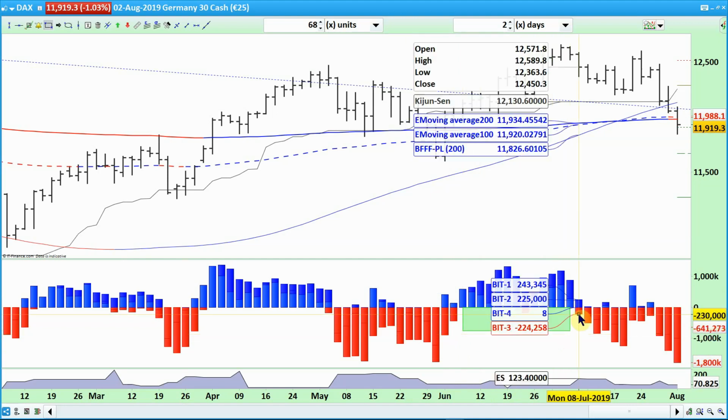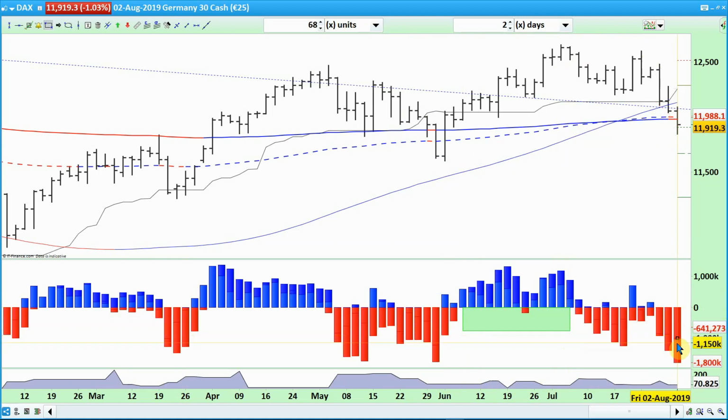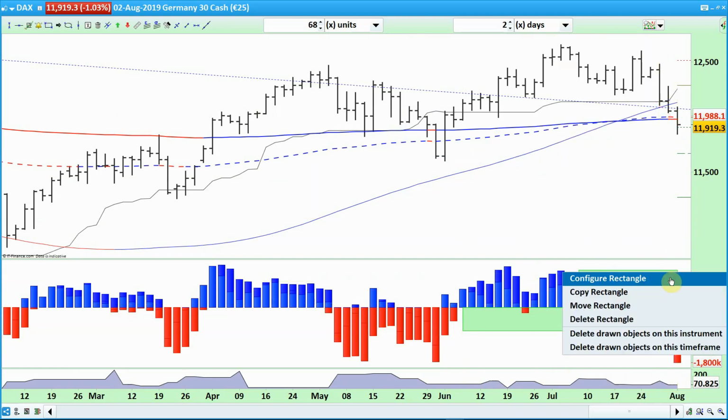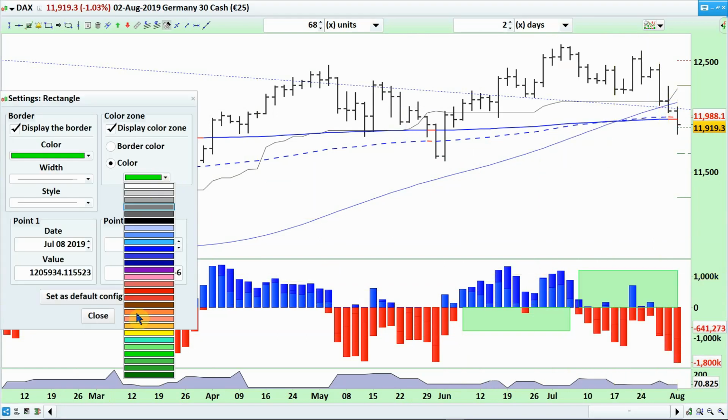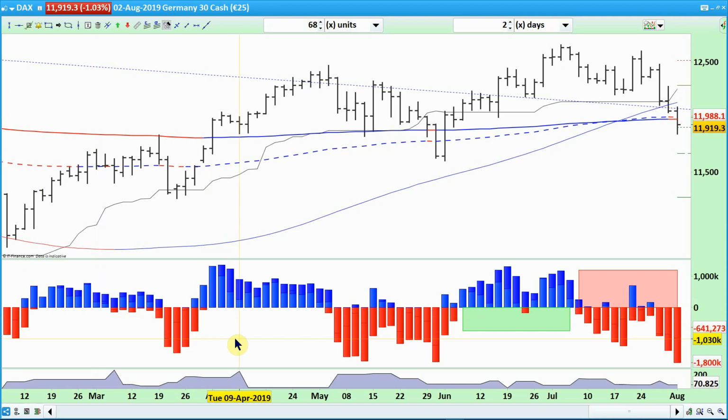After 5th of July, from 8th of July till date, which is 2nd of August 2019, what we can see is the bearish sentiment is increasing. The bearish sentiment is overtaking the bullish one.